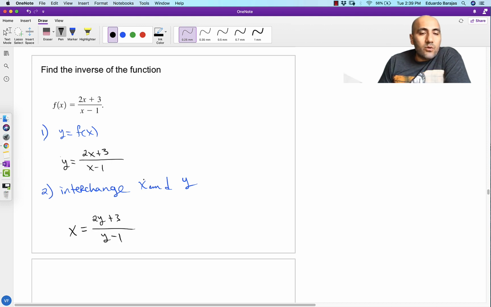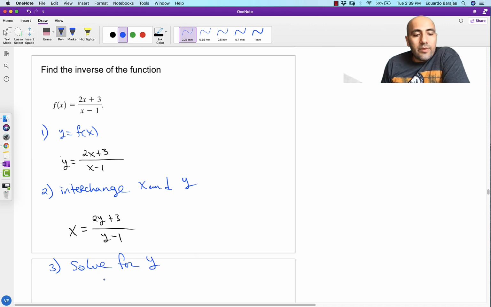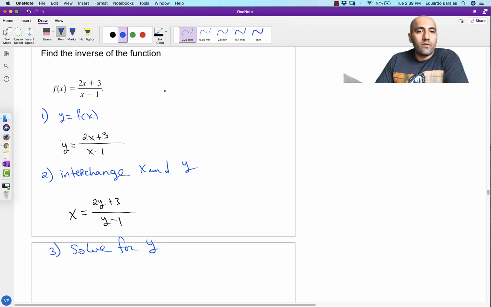And finally, the hardest one, solve for y. Not finally, the next one, solve for y in terms of x. So we want to end up with y equals something that has only x's in it. How do we do that? We have x equals 2y plus 3 all over y minus 1.